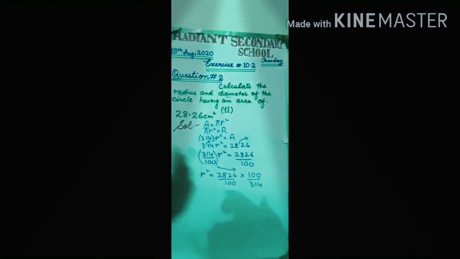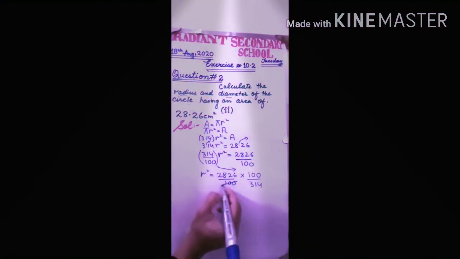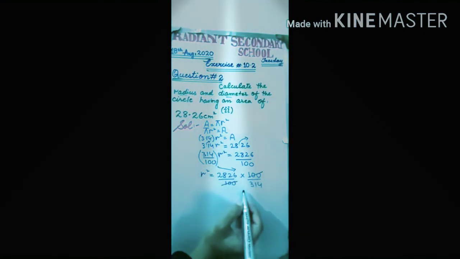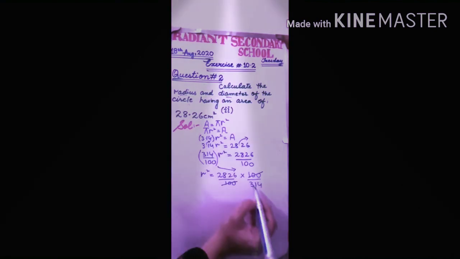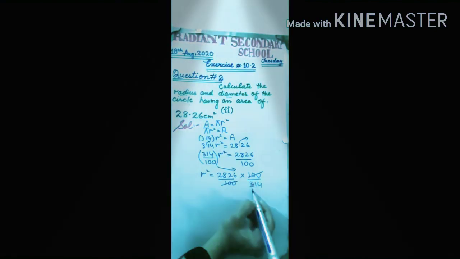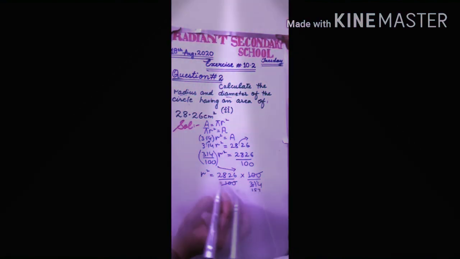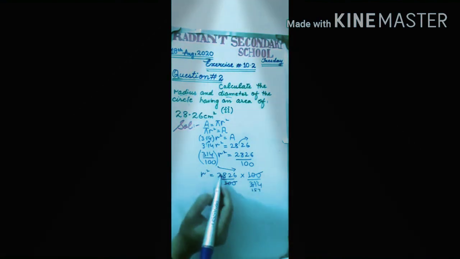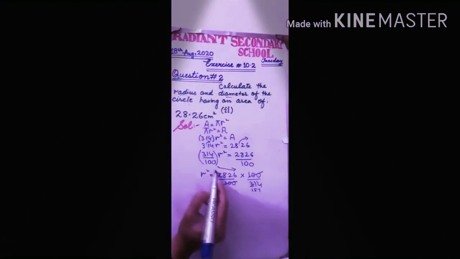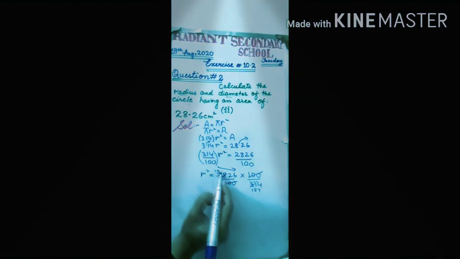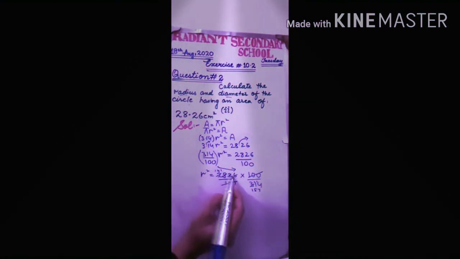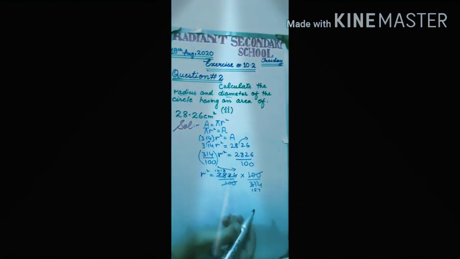Okay, now this 100 can be cut with this one, and with the table of 2 we will cut this one. 2 1s are 2, it will become 11. 2 5s are 10, it will become 14. Now 2 7s are 14. Come on this one, with the table of 2 we have to cut. 2 1s are 2, 2 4s are 8, 2 1s are 2, 2 3s are 6.